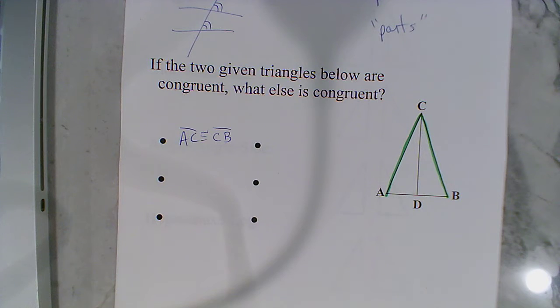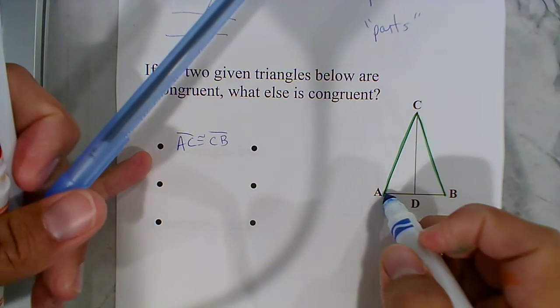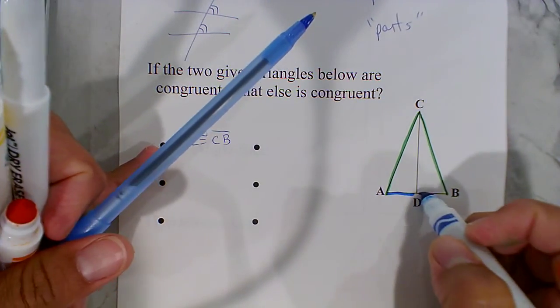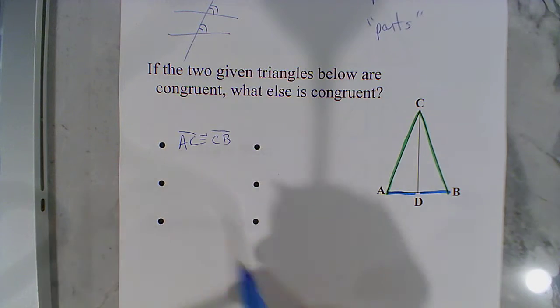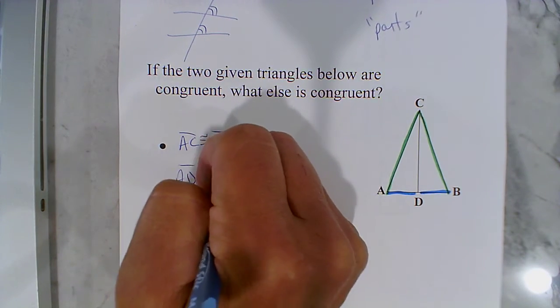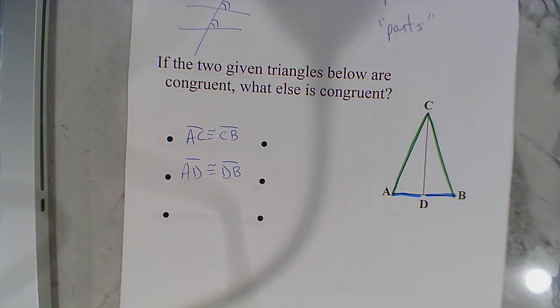Well, maybe the next pair of sides you see is AD. Well, AD, its corresponding side would be, on the flip, DB. So you would know that AD is congruent to DB. But you know there's 3 sides, so where's that third pair of sides?